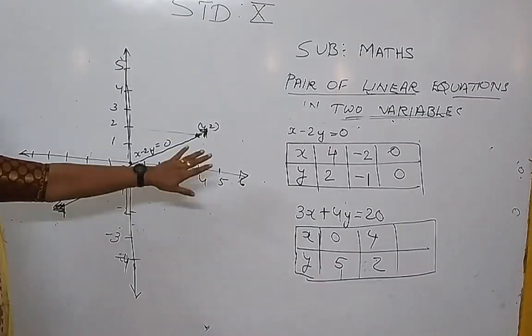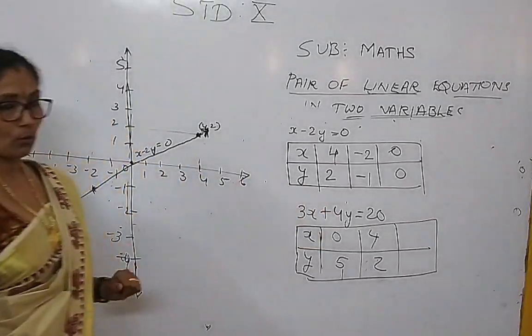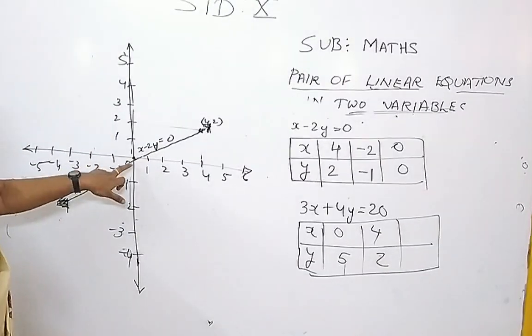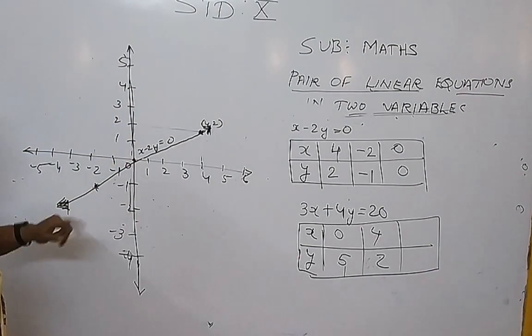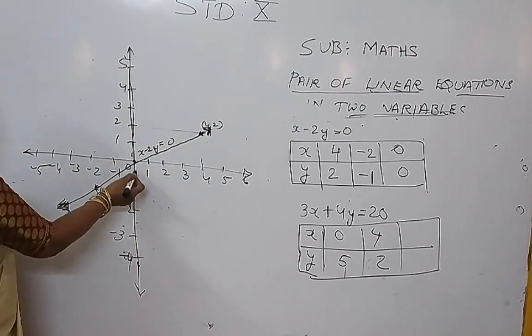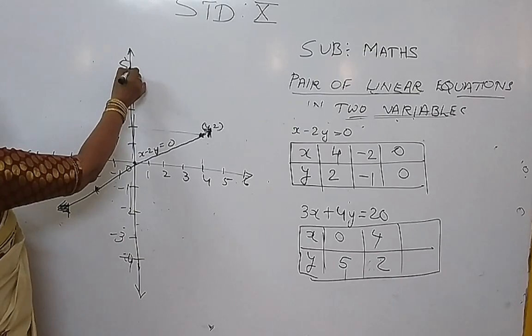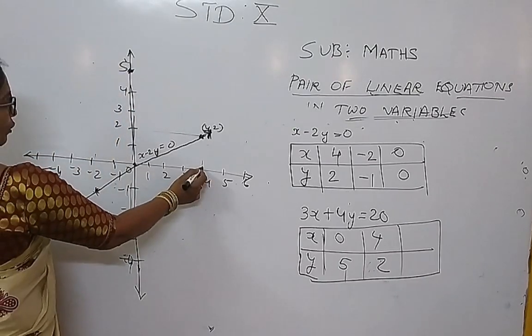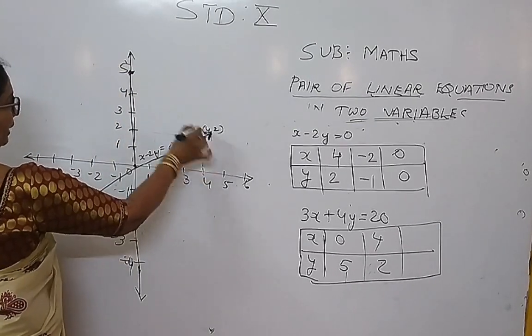Okay. Now the second equation, 3x plus 4y equal to 20. Which are the points for that? 0, 5 and 4, 2. 0, 5 means this is the point for 0, 5, and 4, 2 means this will be the point for that.